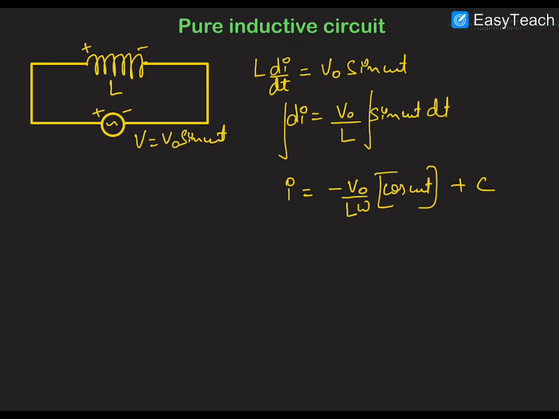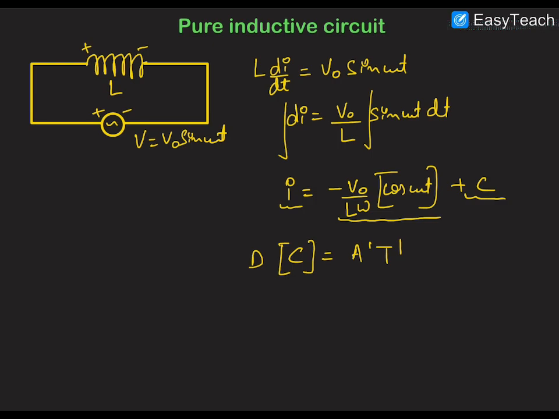Now let us talk about the value of C. According to dimensional analysis, this term is current, and hence this complete term represents current in dimensions, and therefore C will also have the dimensions of current, which is A1 T1.